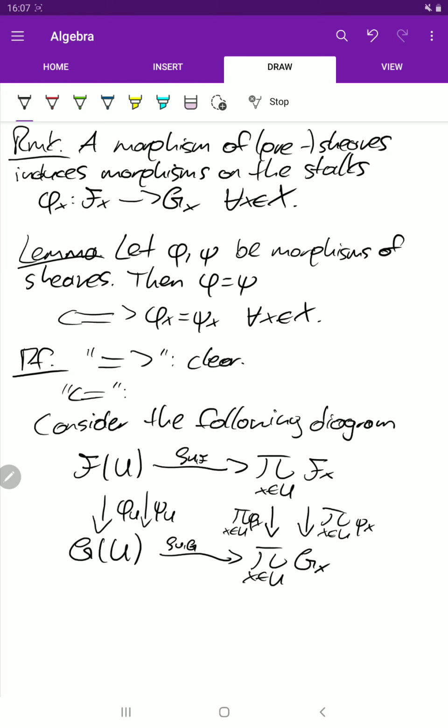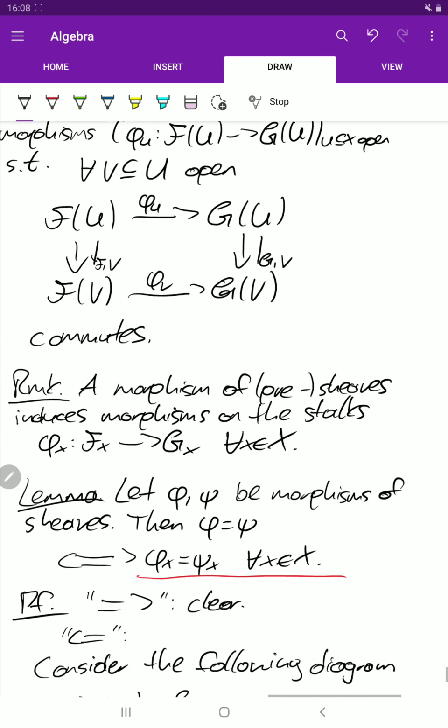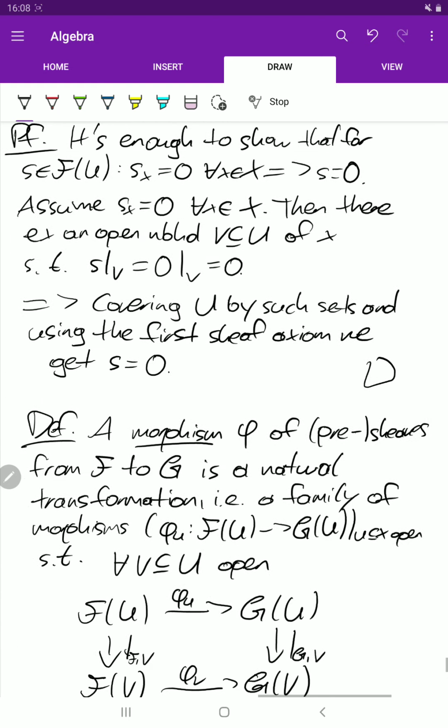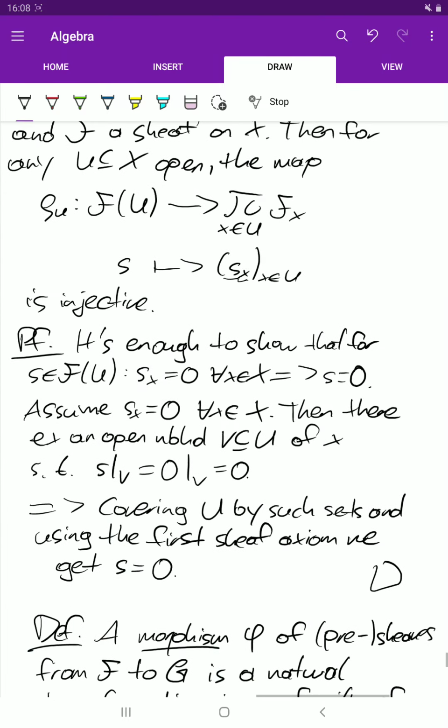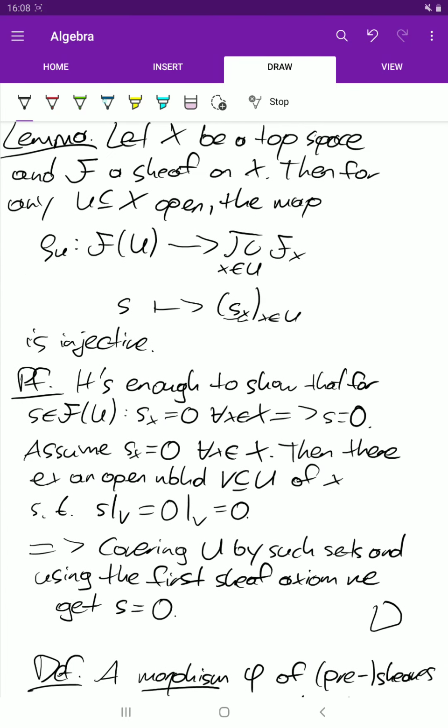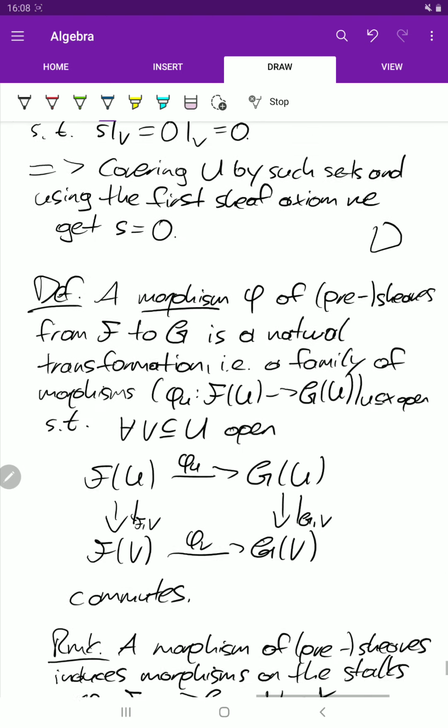Okay, and now let's see. So we assume that phi_x is equal to psi_x for all x, which means that now these two maps are equal. Okay, so that's good. And now let me give you a short reminder. Namely, we've seen that this map is injective.